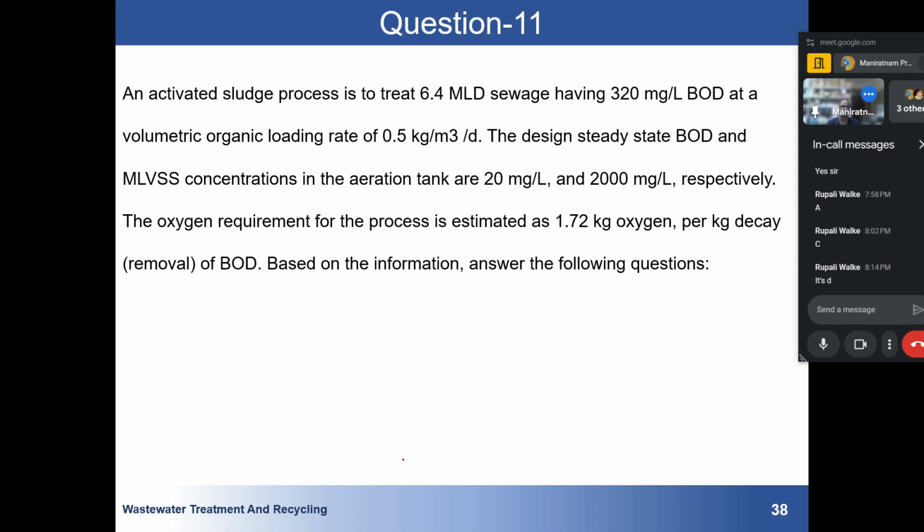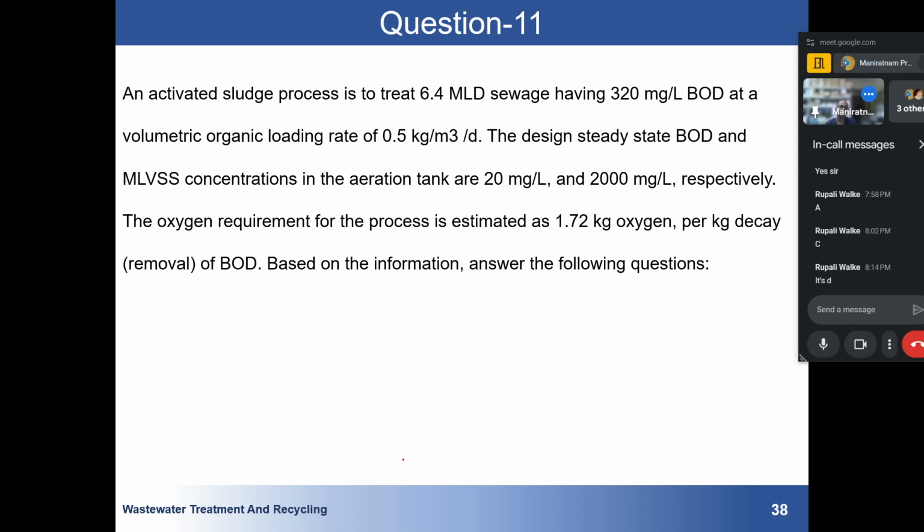An activated sludge process treats 6.4 MLD sewage having 320 milligram per liter BOD, and the volumetric organic loading rate is given to you. The organic loading rate is how much organic matter is coming, and at what rate.